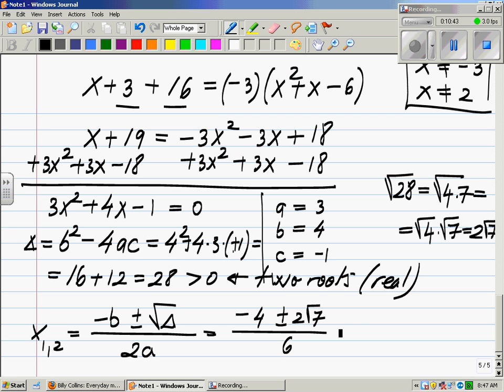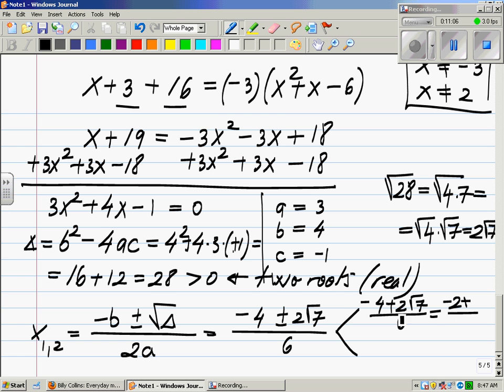And this gives you the two answers. First one, you have minus 4 plus 2 square root 7 over 6. And if you simplify by 2 here, you see, 4, 2, and 6, they have all a 2 as a common factor. Will be what? Minus 4 divided by 2, negative 2.